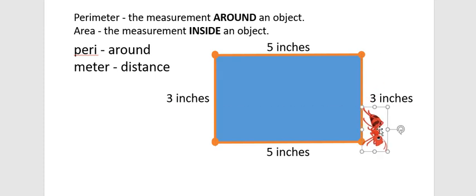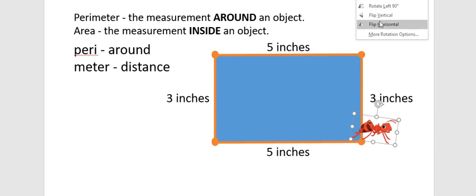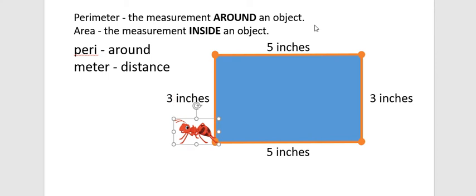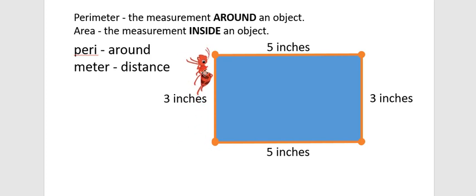And then that ant is going to want to turn around. So let's go ahead and get that ant turned around here. All right, now he's facing the right way. And it's going to walk 5 more inches this way, and then go ahead and head up, flipping around this way, and walk back up to where you started.